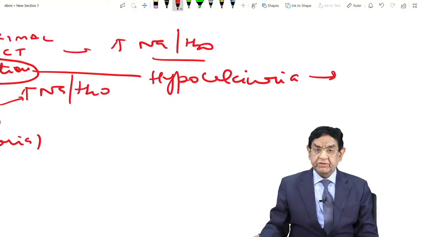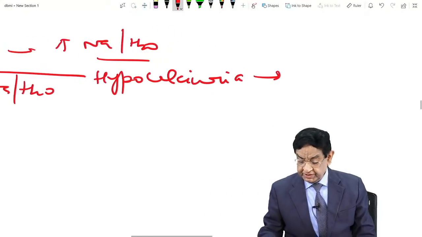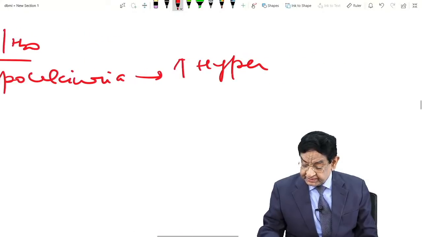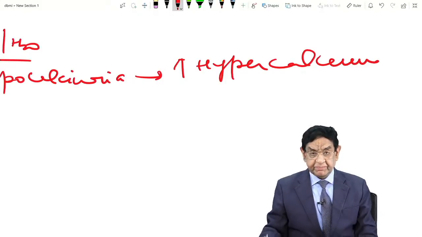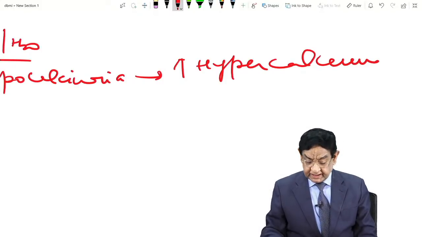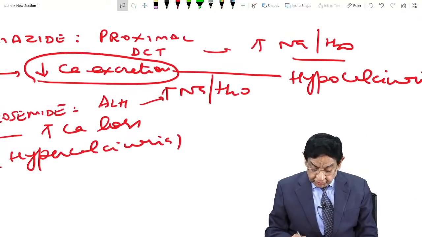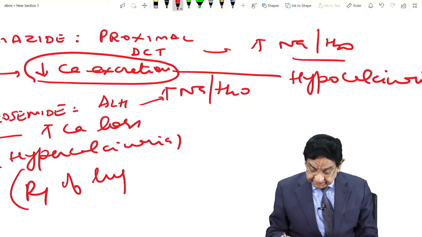The other way around, since they are not causing calcium loss in the urine, in the blood they lead to hypercalcemia. They raise the calcium level in the blood. And as far as furosemide, we use it in the treatment of hypercalcemia.